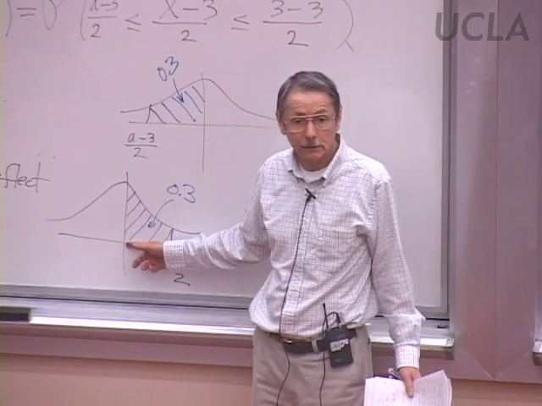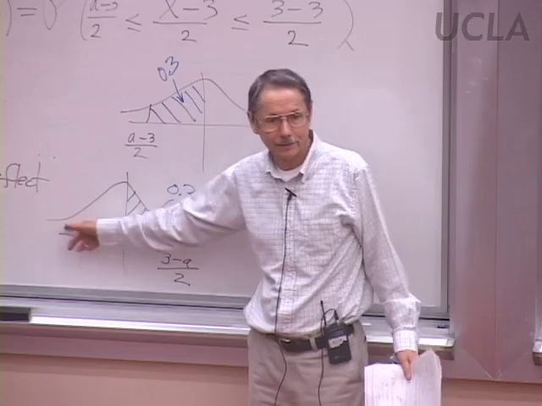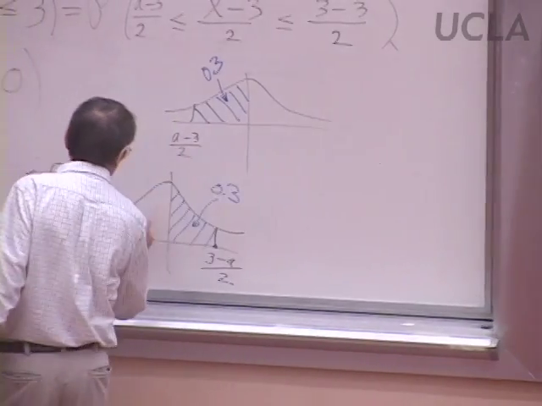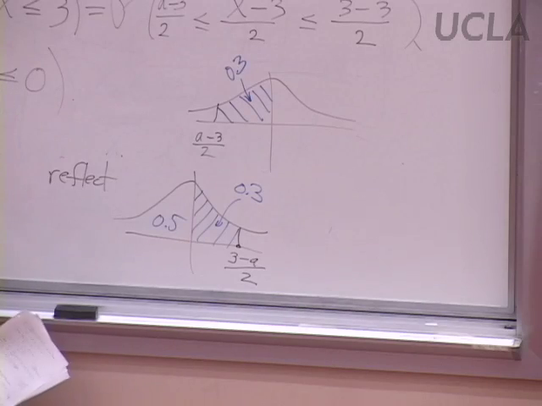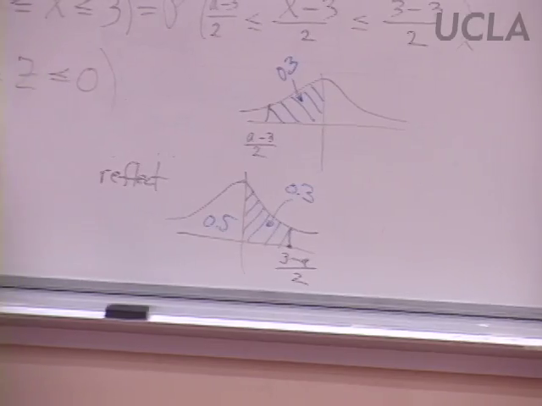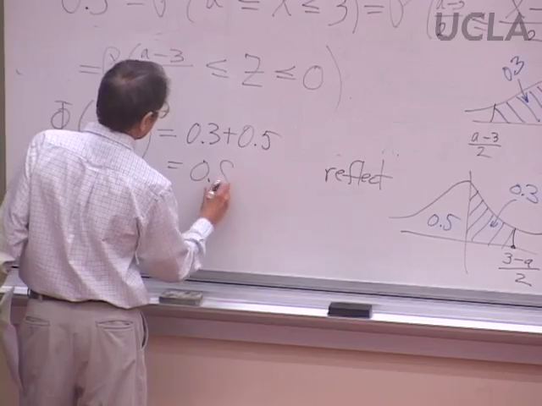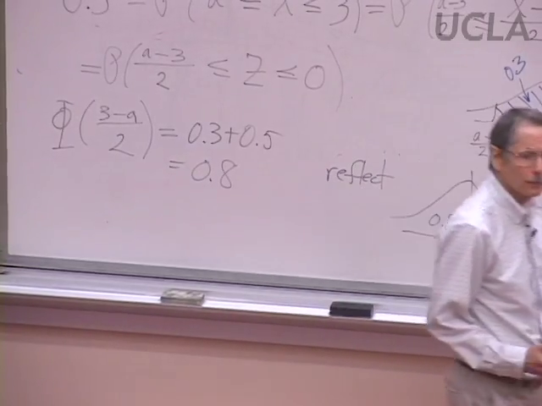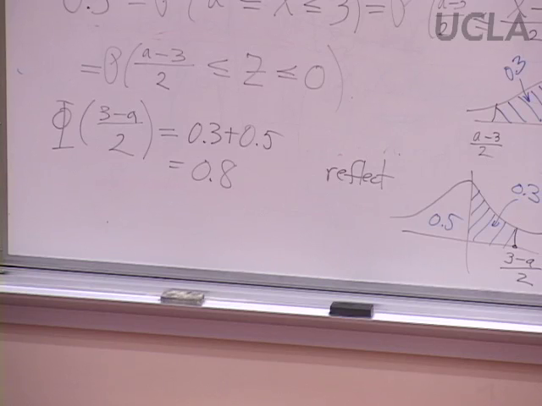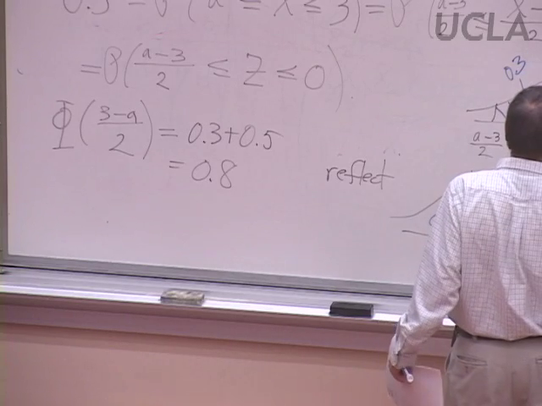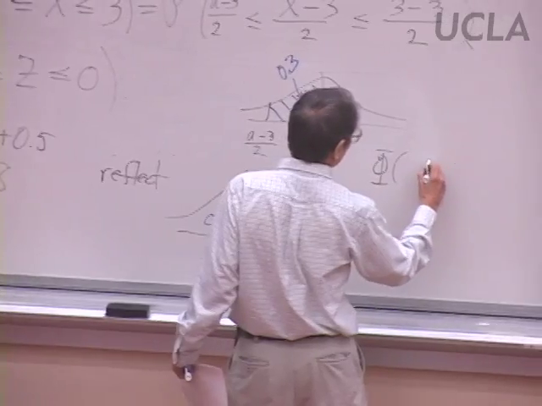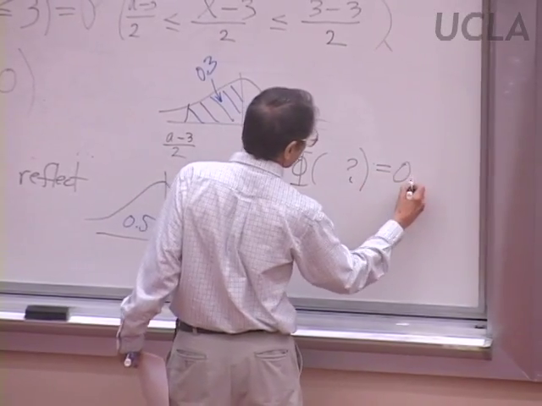There's 0.3 here, and then this half is half. 0.3 plus 0.5. We're looking for a number, phi of which would be 0.8.